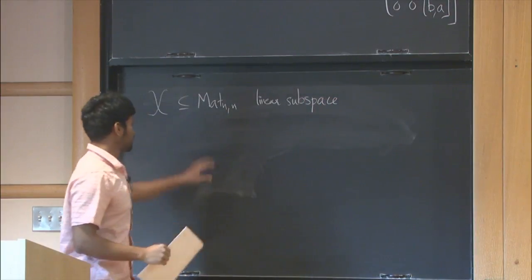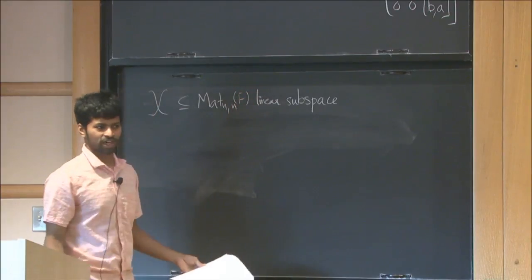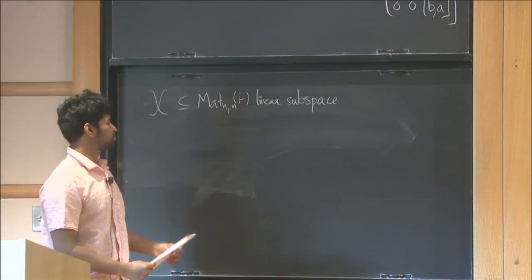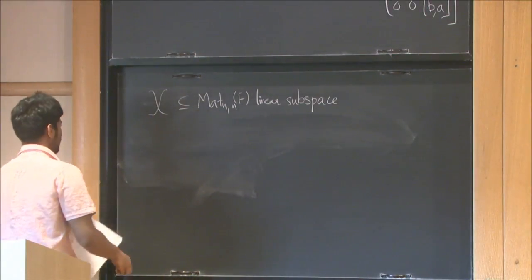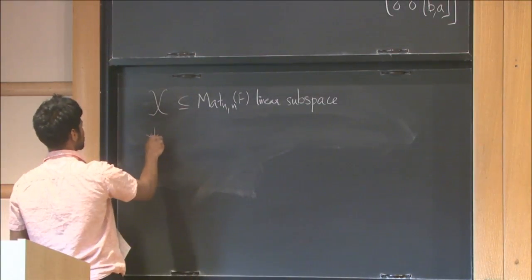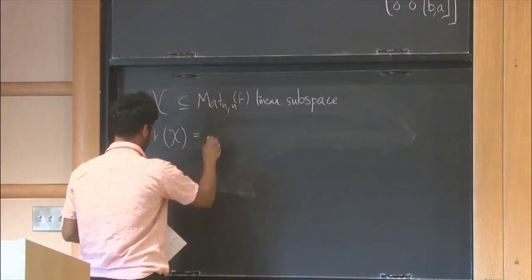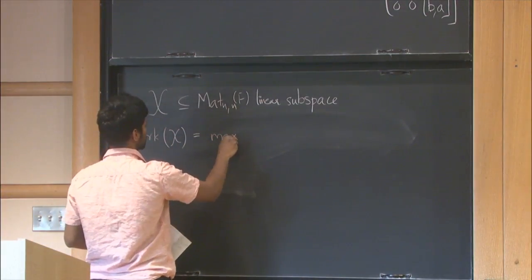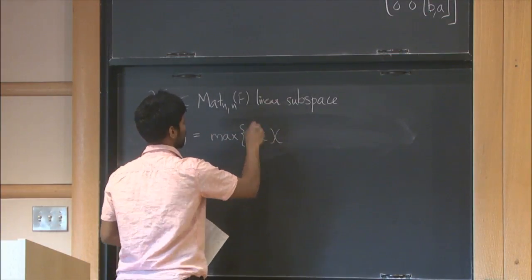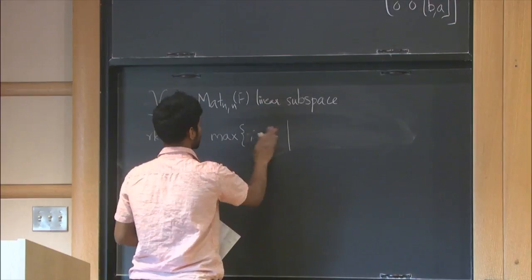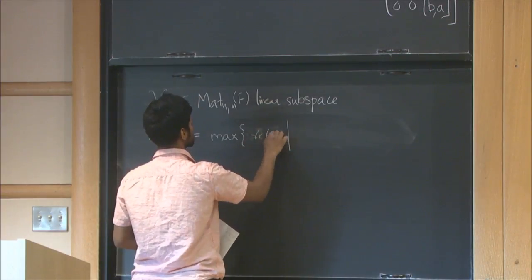What do I mean by linear subspace? N by n matrices over the field form a vector space, and I'm just looking at a linear subspace of it as a vector space. Corresponding to such a linear subspace, I can define a rank, and it's going to be the maximum possible rank over all elements in this subspace.